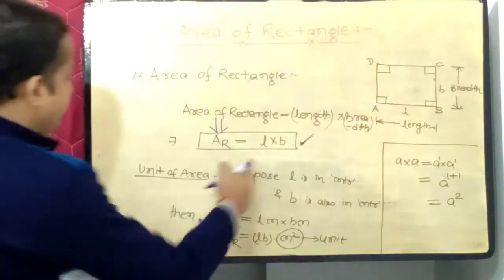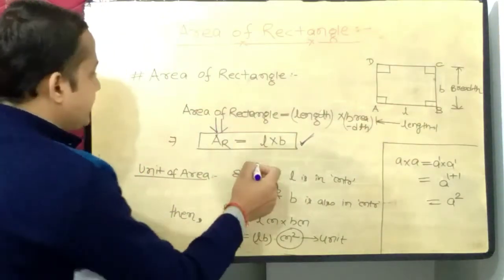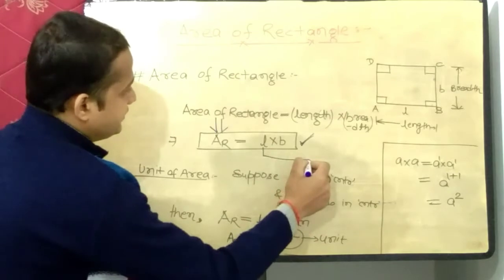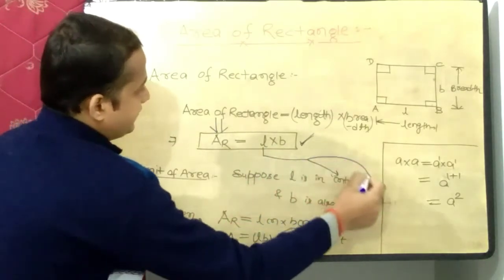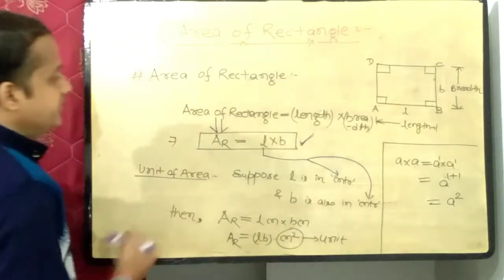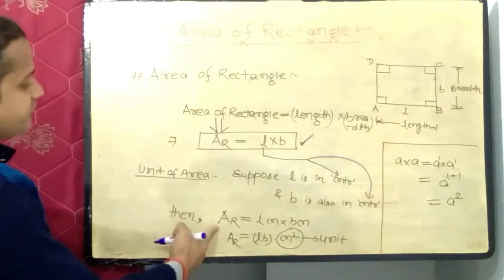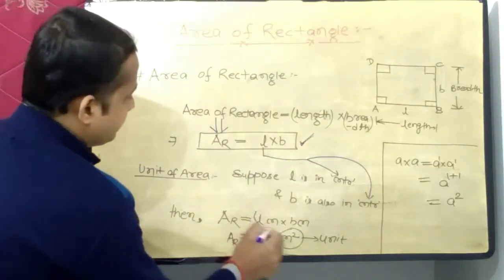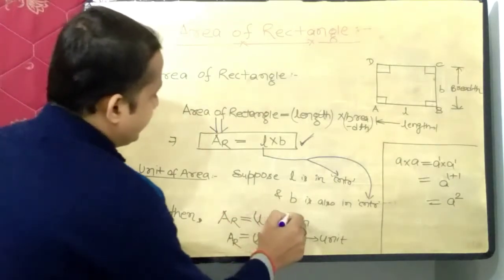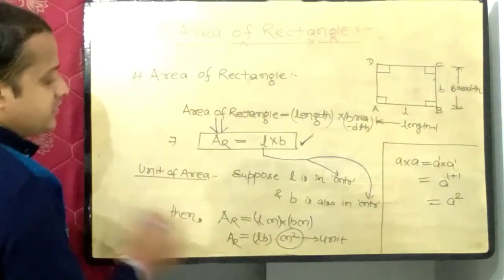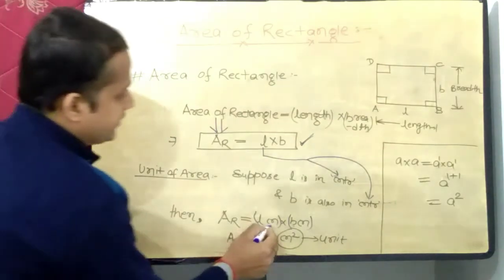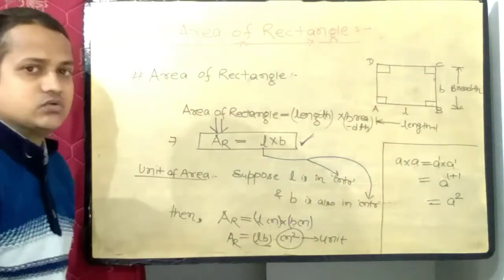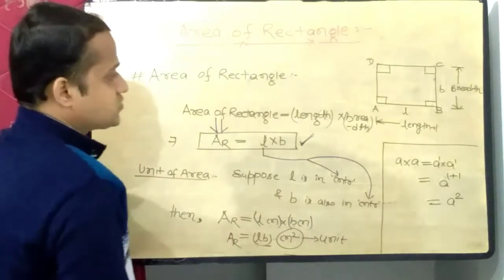Now what will be the unit of area? If length is given in meters and breadth is also given in meters, then area of rectangle equals L meter multiplied by B meter. L into B is here, and meter multiplied by meter equals meter square. Why meter square?